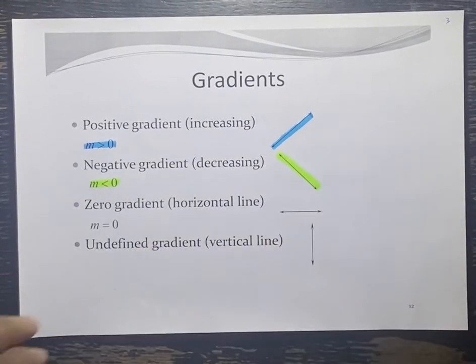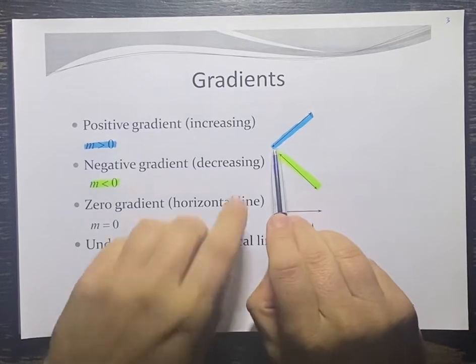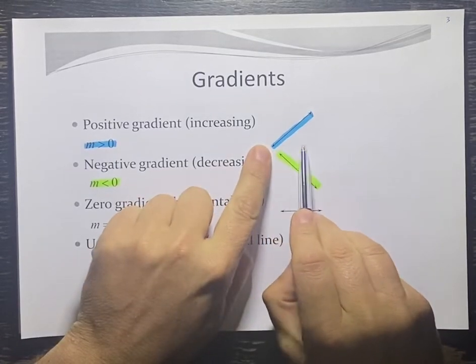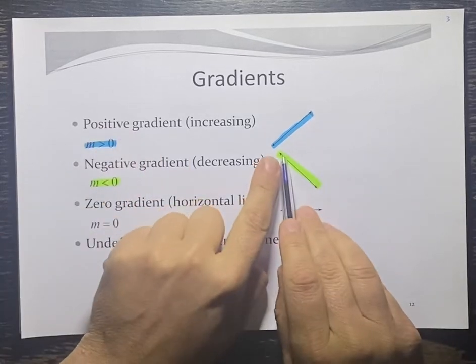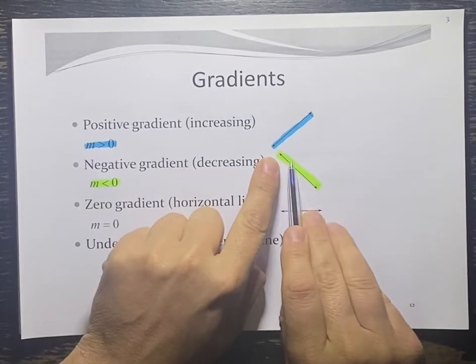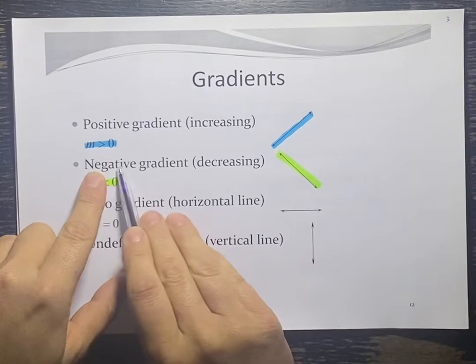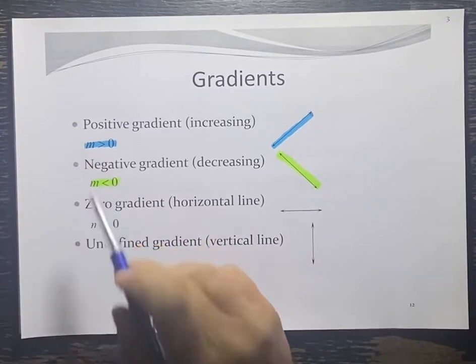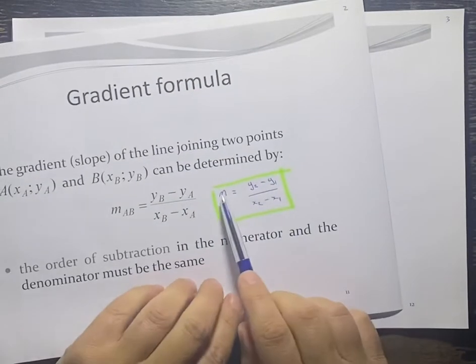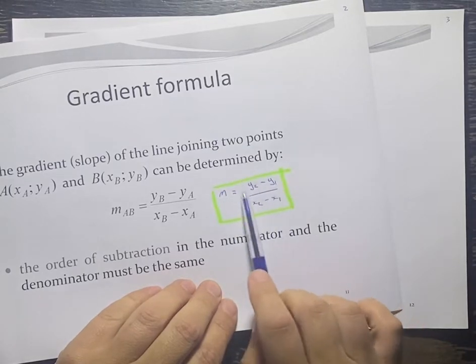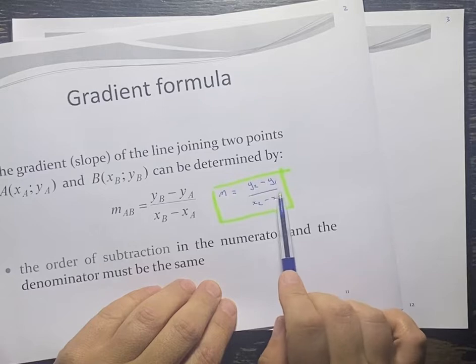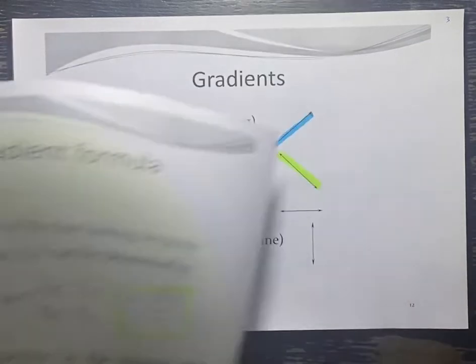As we read from left to right, you can see this line is going up, so it has a positive gradient. As I read from left to right, this line is going down, so it has a negative gradient. And this m over here is whatever we calculated here. You'll see with examples just now that we get either a positive number or a negative number.